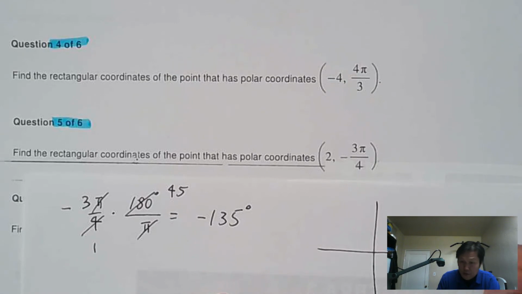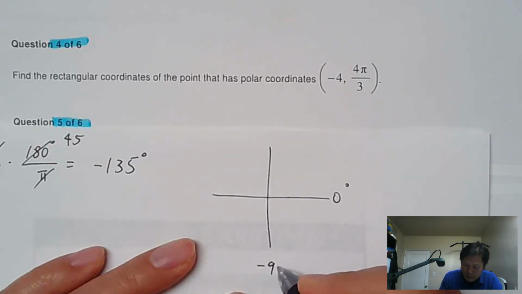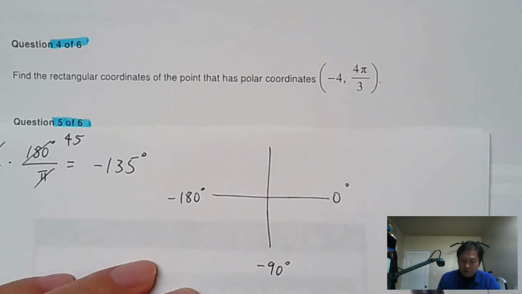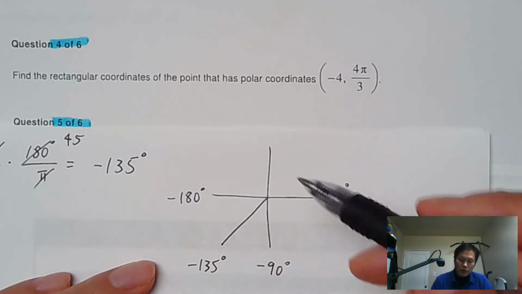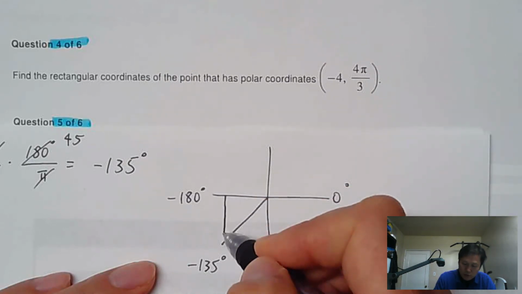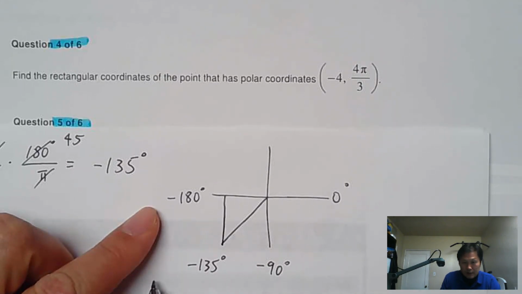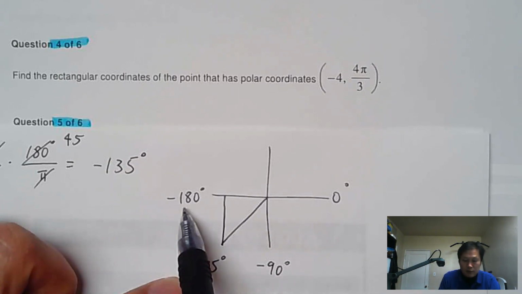So starting from here, 0 degree, minus 90 degree, minus 180 degree, minus 135 should be somewhere over here. You want to get the reference angle, which is the angle between these two. So what you want to do is minus 180 minus 135, or minus 135 minus 180 degree.